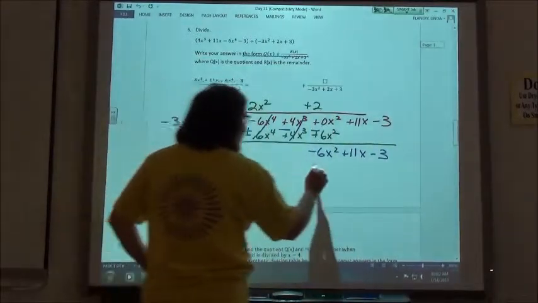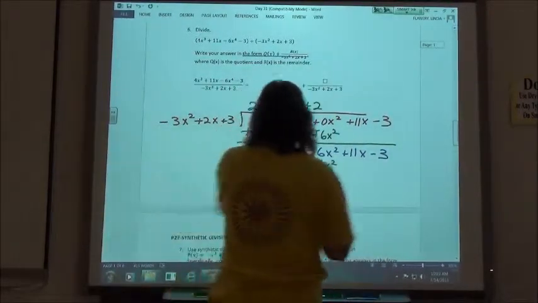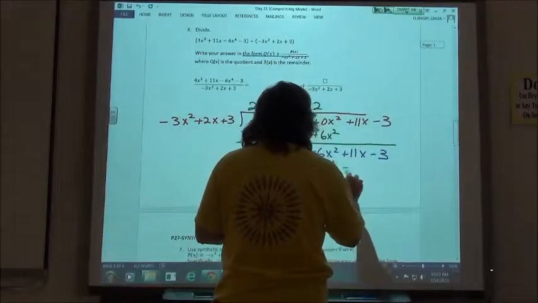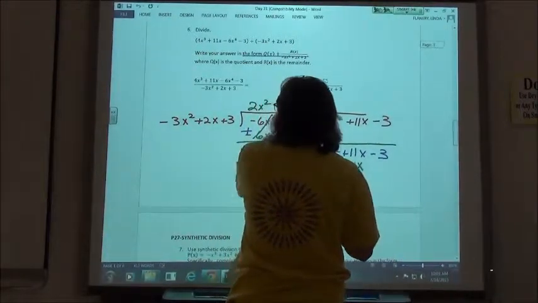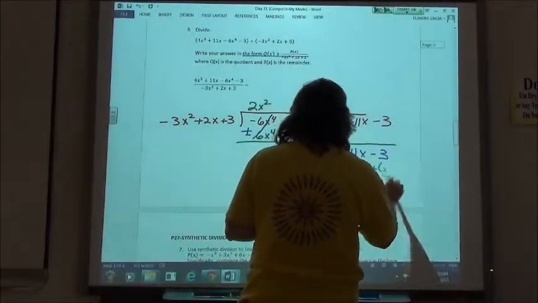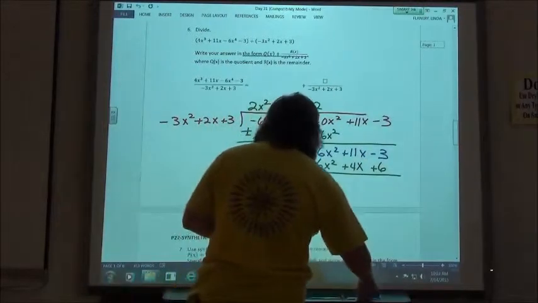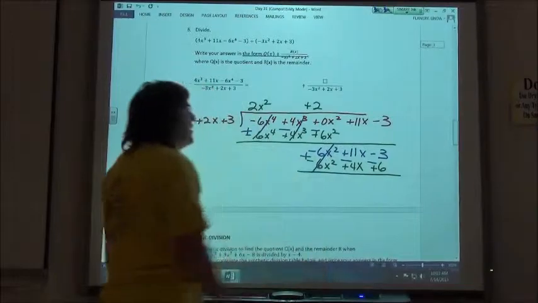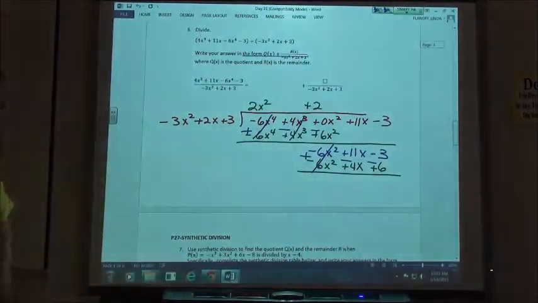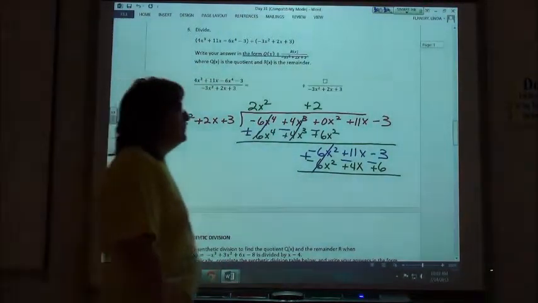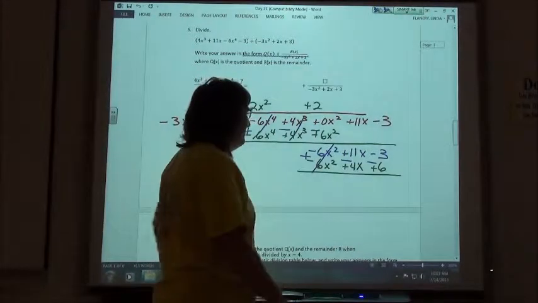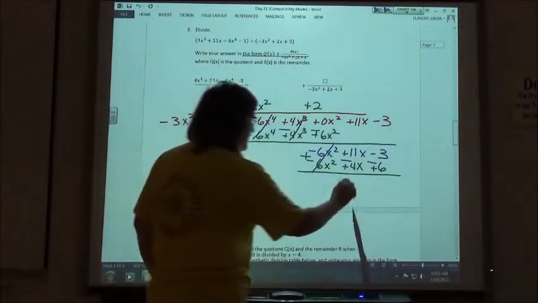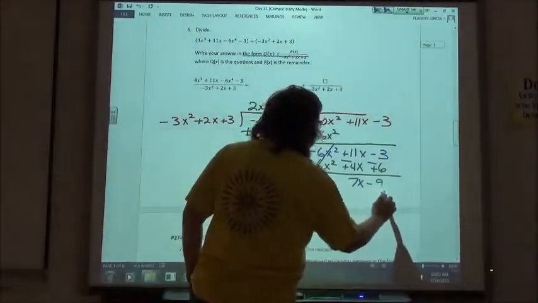So we get negative 6x squared. 2 times 2x is plus 4x. 2 times 3 is plus 6. And so when we subtract and change all our signs, we're going to bring down 7x minus 9.